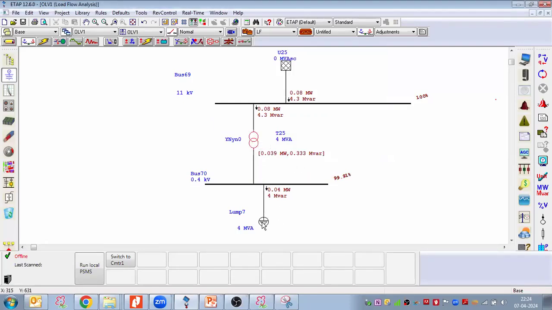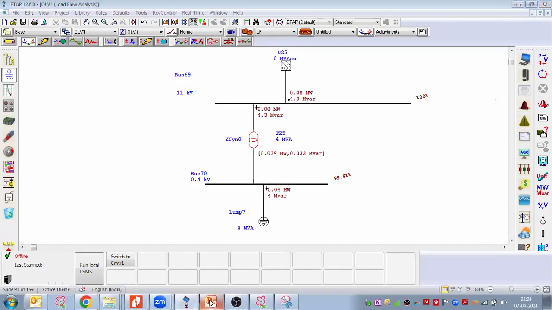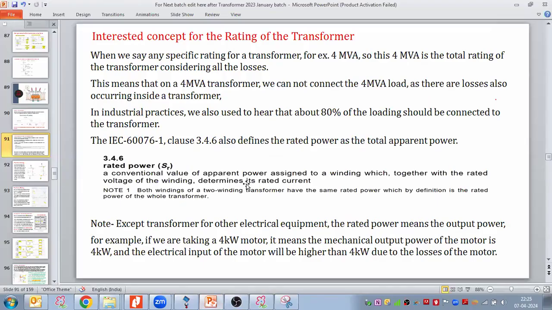I'm connecting a 4 MVA load, and the rating coming on the HV side is 4.3 MVA. It means, IEC defines that the HV and LV both should be 4 MVA. In this case, if I connect the 100% load, my transformer would be overloaded.